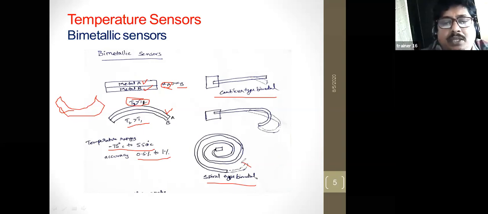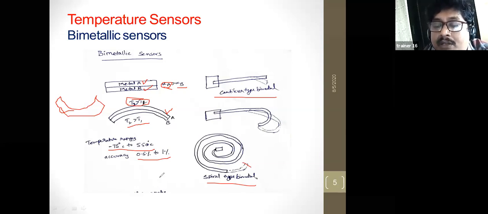Where is this type of bimetallic sensor used? It is used in cutoff and on devices. For example, take the iron box. When you set a particular temperature, for example, you are ironing a cotton shirt or a cotton bed sheet, you have to fix a particular temperature.